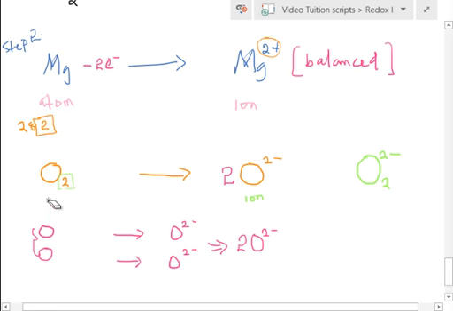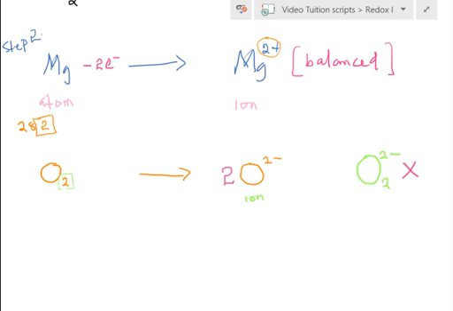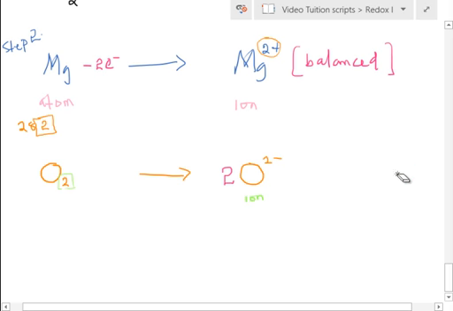If you get that, then let's go down to showing the electron transfer. Now, I said that is not possible, remember? It is not possible. Okay. So, oxygen molecule becomes oxygen ion. How?